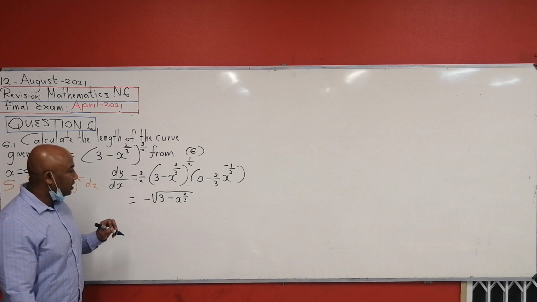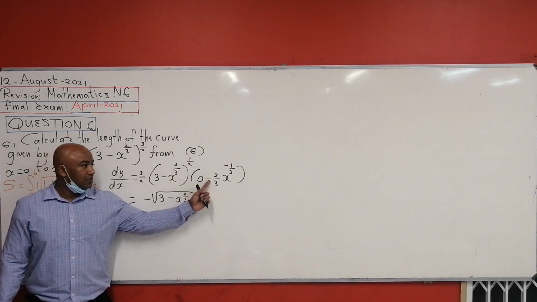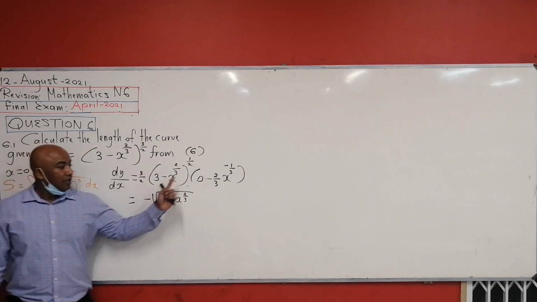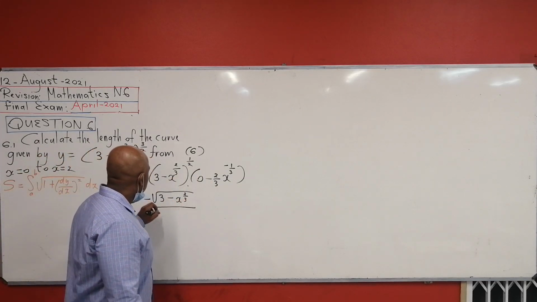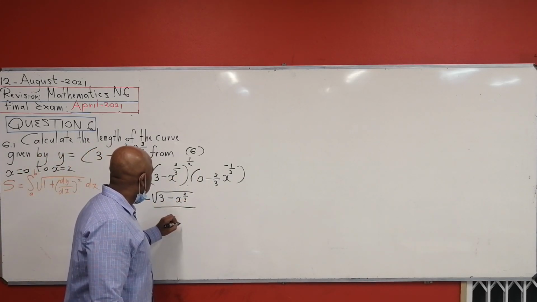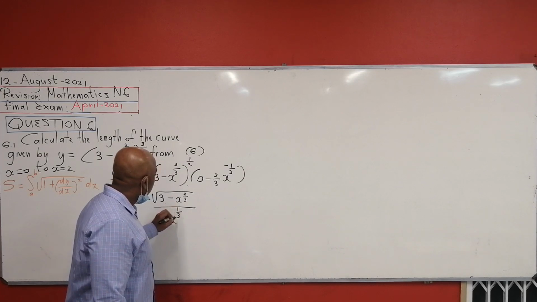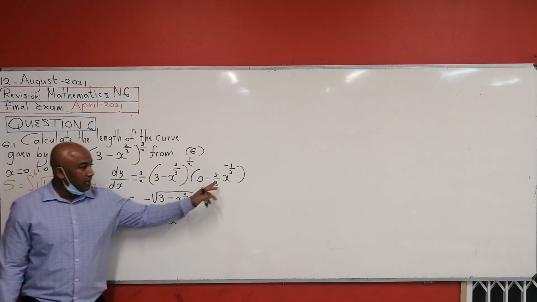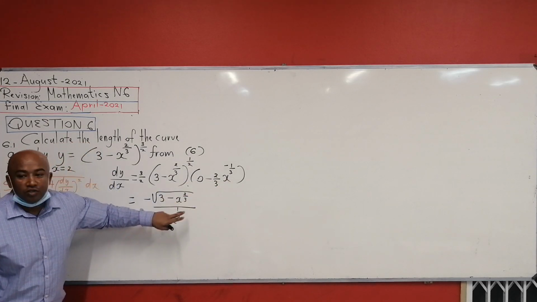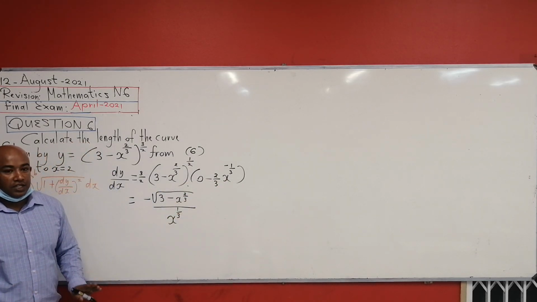There's the minus here. If you're wondering about the minus, there's the minus sign here. Now this you take to the bottom, and this becomes x to the power positive 1 over 3. Can you see that? Right, so you take this to the bottom, so the sign of the exponent changes.